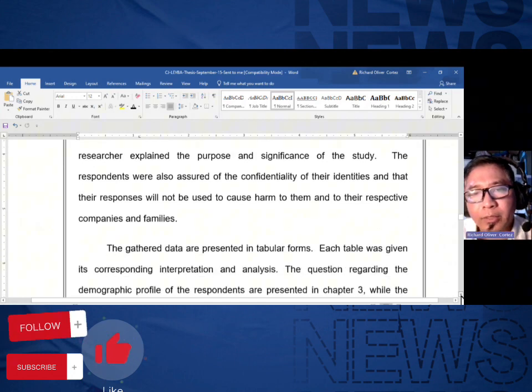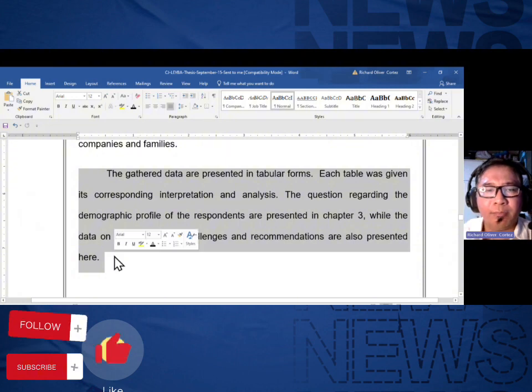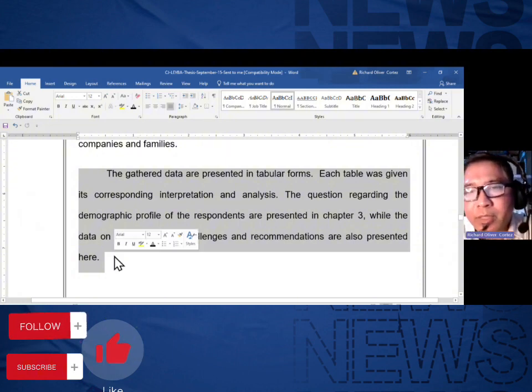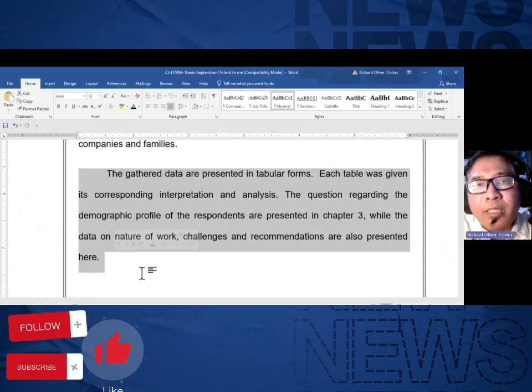Anyway, basic here, you should have this one: the gathered data are presented in tabular forms. Each table was given the corresponding interpretation. So the discussion for the table, for this format, will be presented below the table itself.